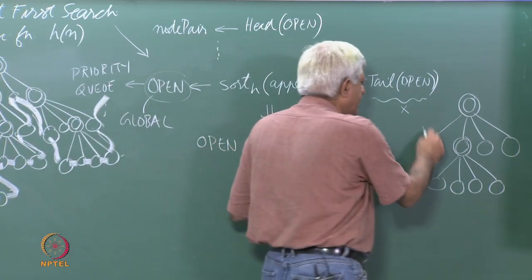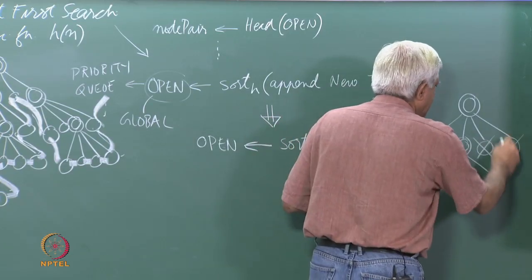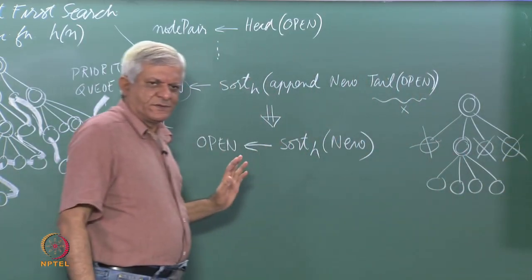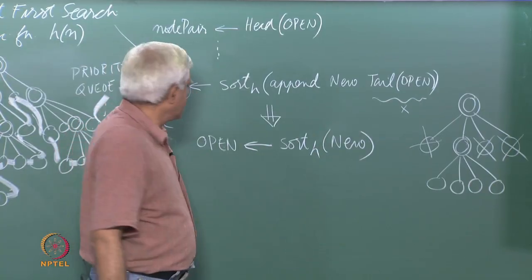So, in effect we have deleted them. So, those nodes no longer exist. So, open, as you can see, is going to be a shorter list.